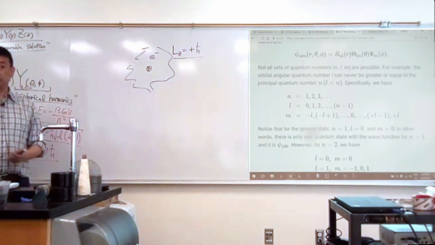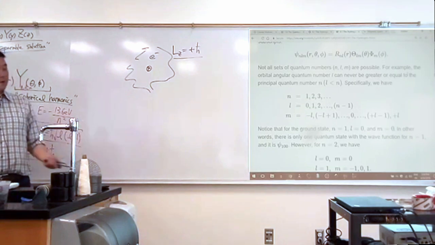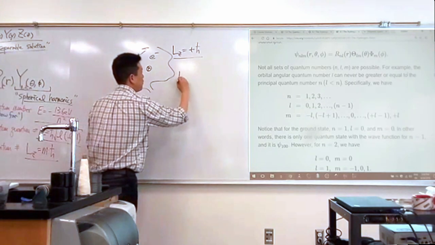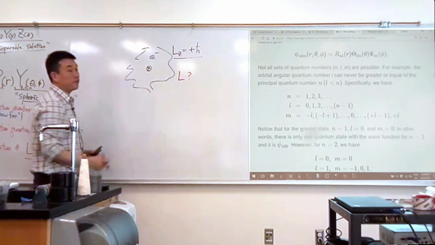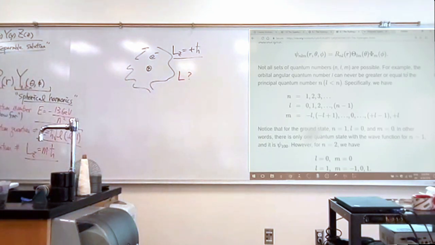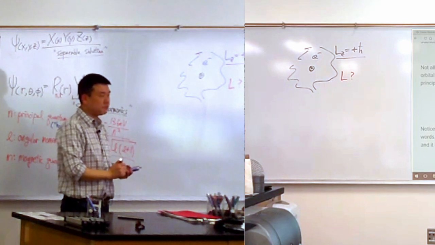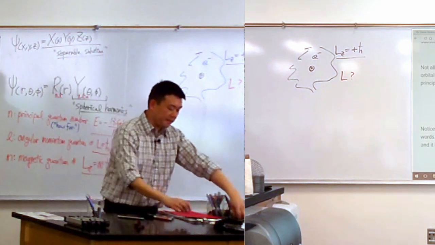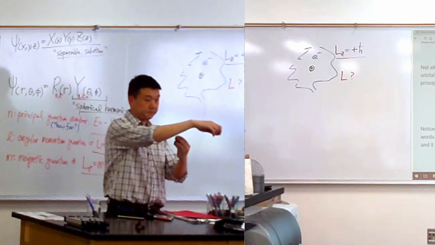All right? Good. Suppose someone asks you, what is the magnitude of angular momentum of this electron? If it moves in your plane. Yeah, so that's why I didn't want to say, because moving in a plane implies a classical picture. Right?